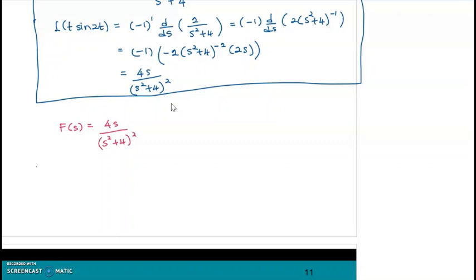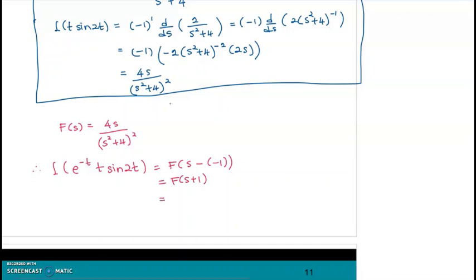Therefore our original problem, the Laplace of exponent negative t sine 2t, is at the first place mapped to F(s minus a). Our a is negative 1, so this is actually F(s plus 1).